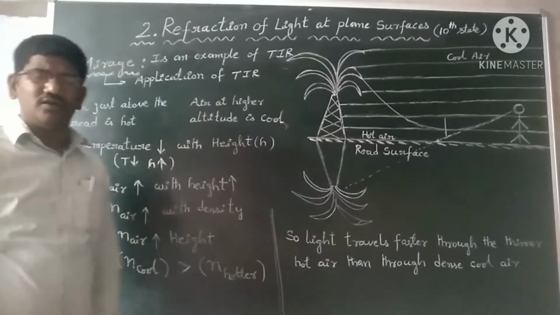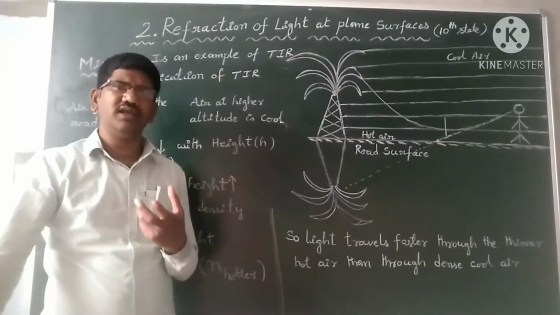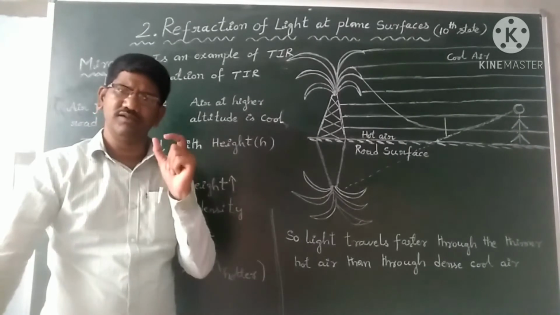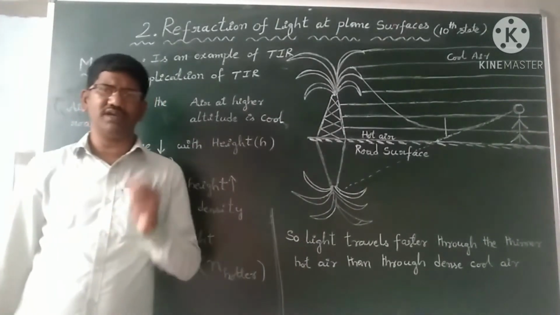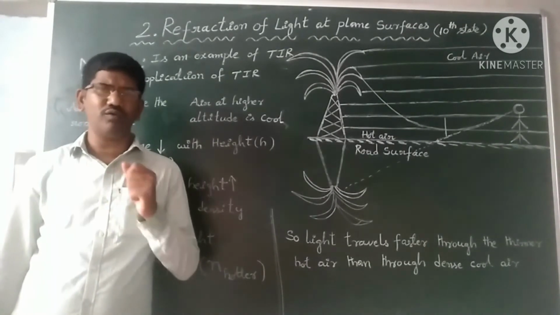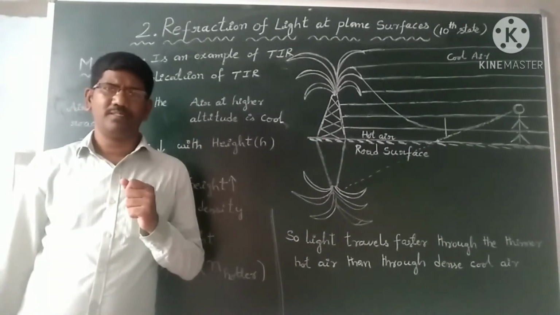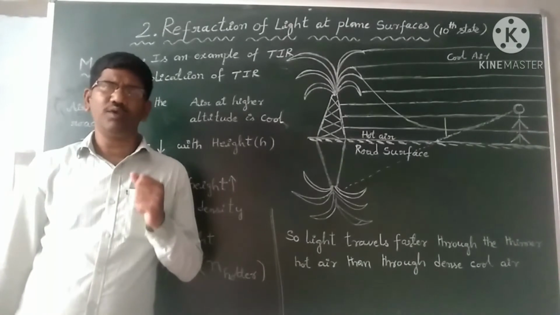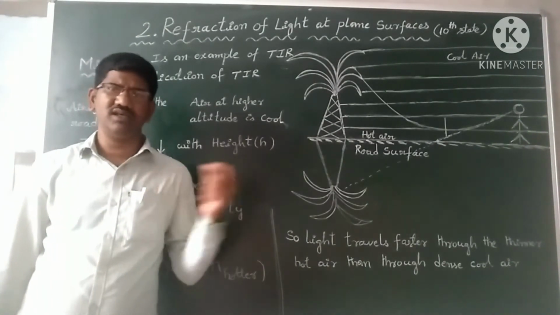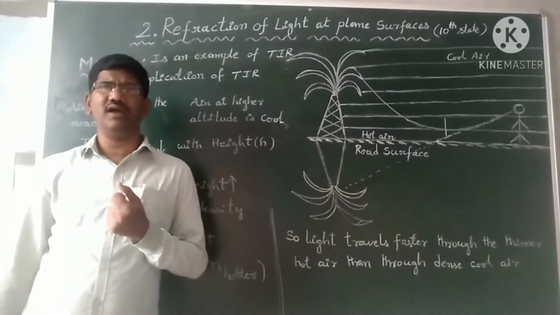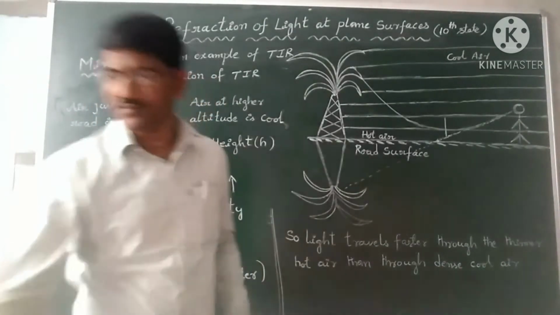Then we can see very clearly how the formation of mirage takes place on a distant ground surface, and how mirages form in the deserts. We can see through this a very good and interesting concept.